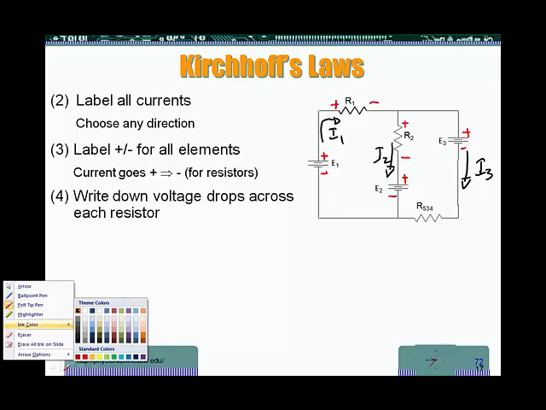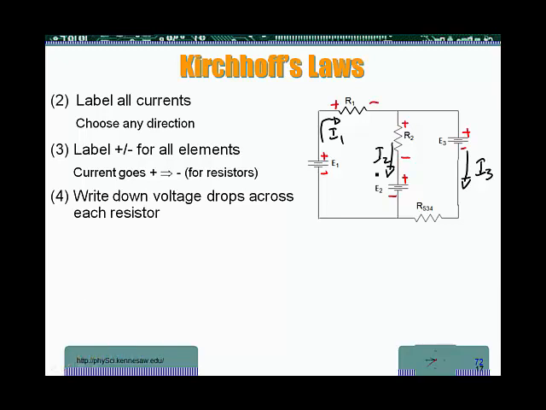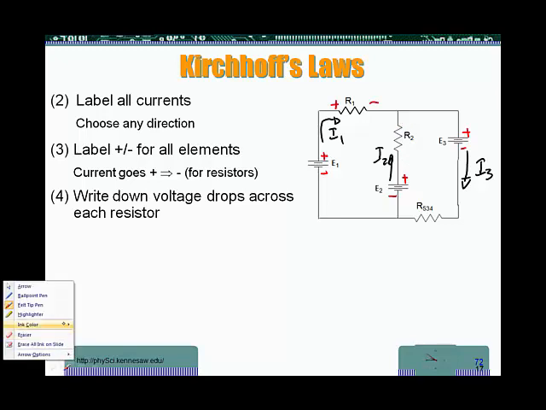So I2, I'm going to fix it. I'm going to have it go up. So now the labels for R2 are going to be plus here, minus here, and I3 is that way, so this is my label plus and minus.